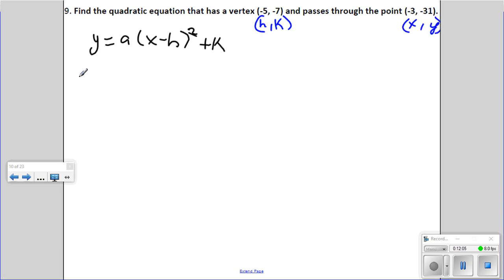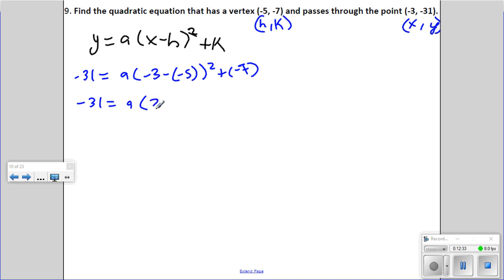Put everything where it belongs. So negative 31 equals a, we don't know, times x, which is negative 3, minus h, which is negative 5, squared plus k, which is negative 7. Start inside the parentheses, so negative 31 is equal to a times, in the parentheses, negative 3 minus negative 5, which is going to give you a positive 2.